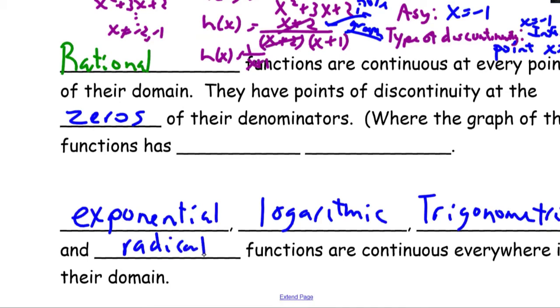All exponential functions, all linear functions, all trigonometric functions, and all rational functions will be continuous everywhere that they are defined. So obviously, our first step in a lot of these problems is going to be figuring out the domain of the function given. And so we know where it's continuous and where it might not be continuous, where it's discontinuous.